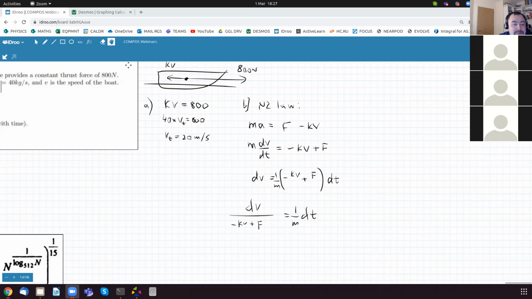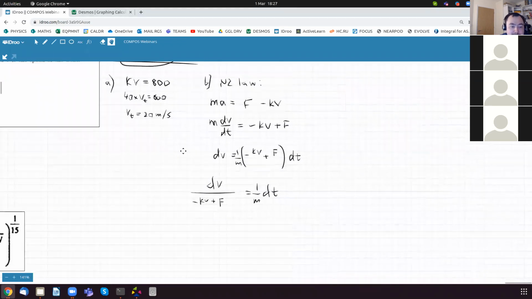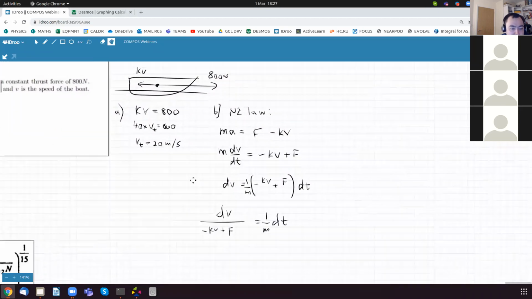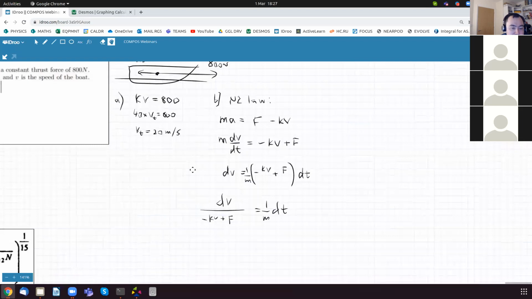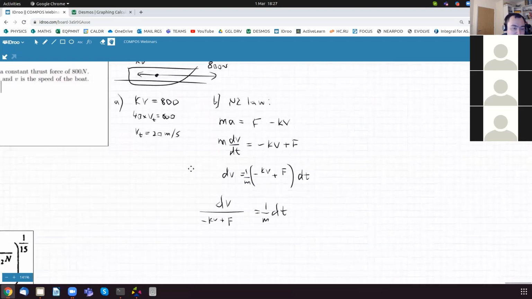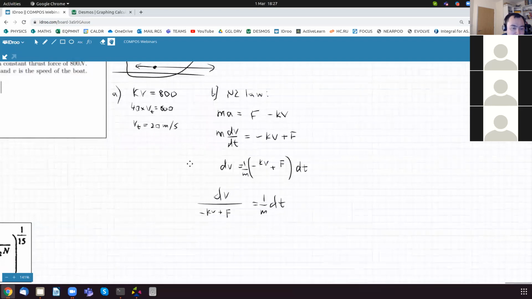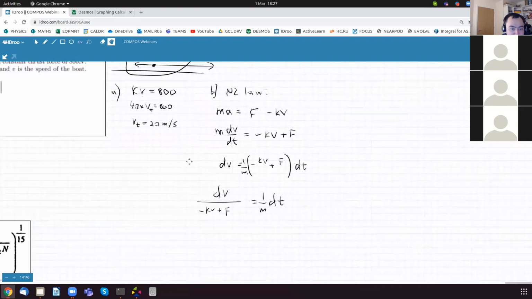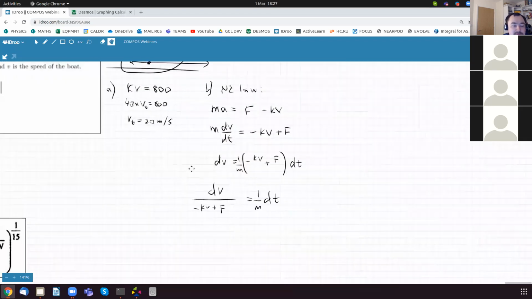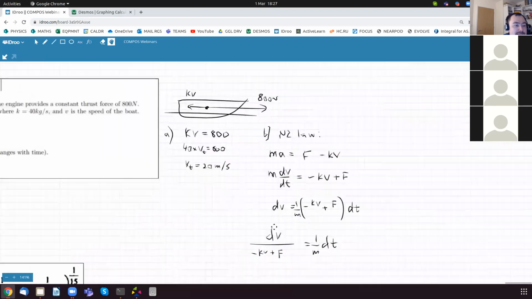So from here, I could just input the parameters, and I think it's worth doing so. Yeah, I'm going to input the values.